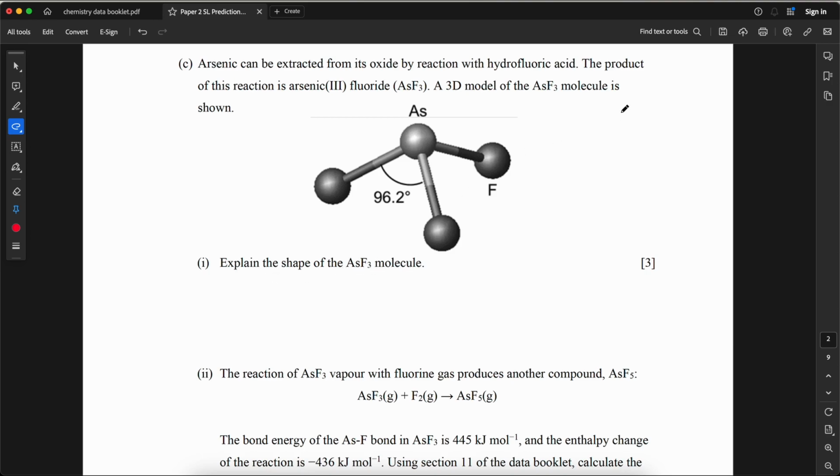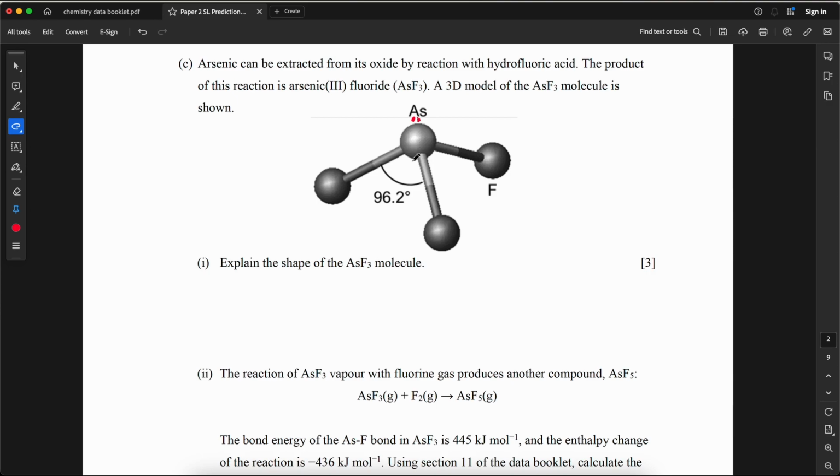As comes from group 5, so it has 5 valence electrons. So this is 1, 2, 3, and it should have 2 electrons right here. So it will be 4 domains and 1 lone pair, as it has 1 lone pair right here.